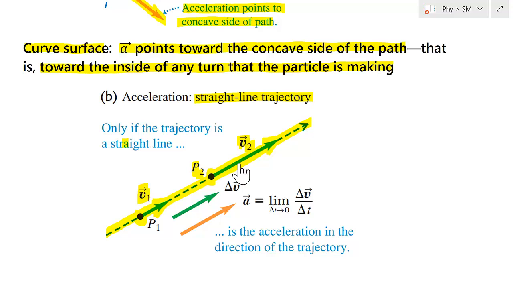For example, in this case, V2 is in this direction, V1 is in this direction, so delta V will be in this direction. And similarly, acceleration will also be in this direction, because instantaneous acceleration is nothing but a scalar multiplication of change in velocity vector and when delta t goes to 0. So acceleration vector will have same direction as the change in velocity vector.